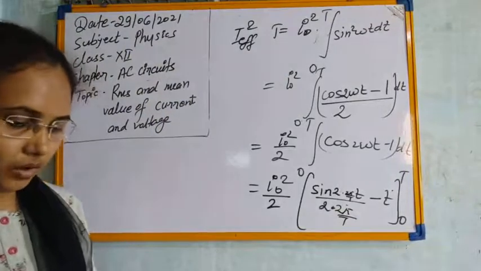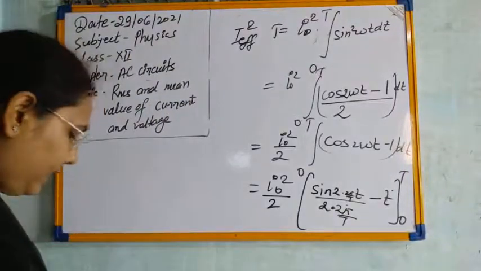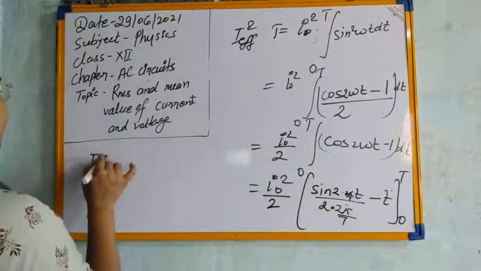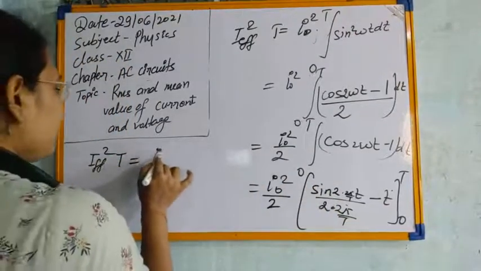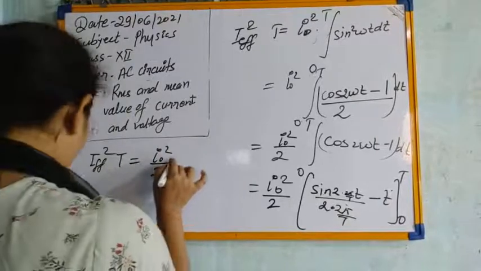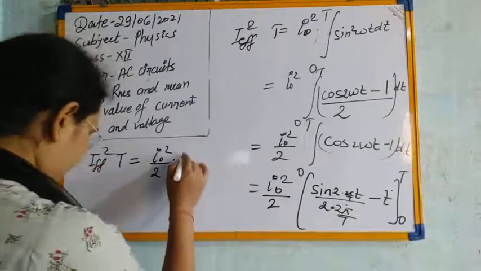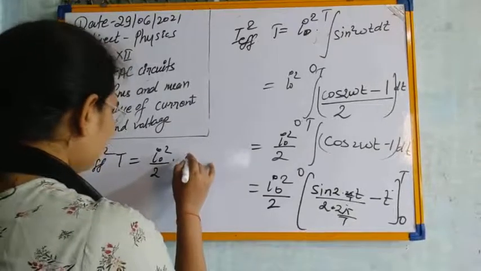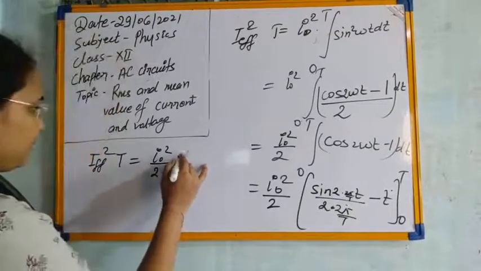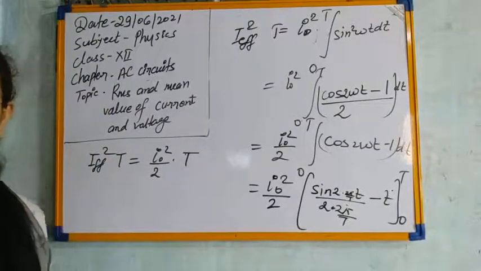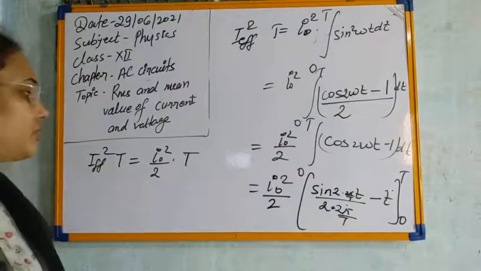After the solution we will get the final value for I effective square into T. This would be equal to I0 square upon 2, and the value that we are getting is T here only. So this is the whole value that we have obtained after the solution.